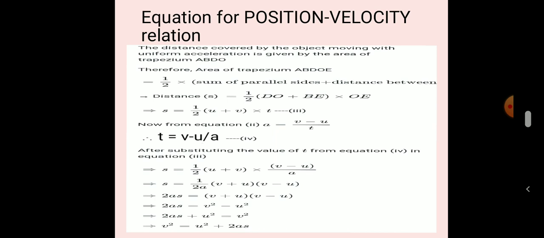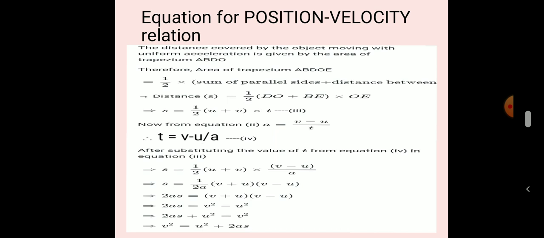And as we know that from equation 2, acceleration is equal to final velocity minus initial velocity upon time. Just rearrange this formula, you will get T is equal to V minus U upon A. Substitute this equation 4 in equation 3, you will get S is equal to 1 half U plus V into V minus U upon A. Then just do cross multiplication, do the calculations, you will get V square is equal to U square plus 2AS.